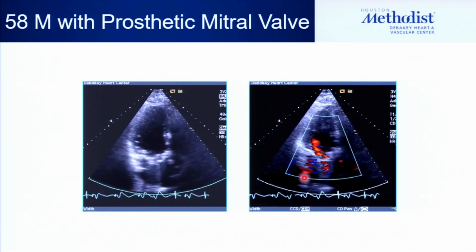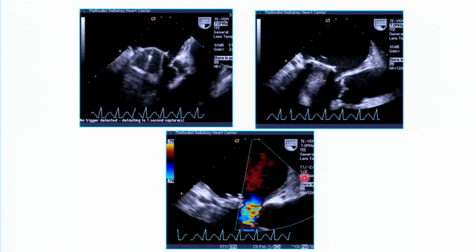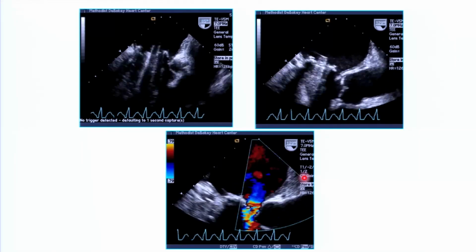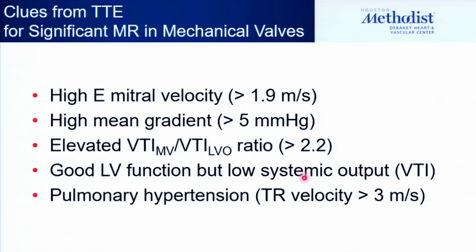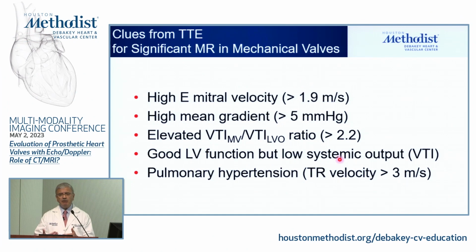I can't tell whether this is significant, yes or no, yet if you do a transesophageal, there's major dehiscence of this valve with severe regurgitation. So you could hide it completely, and therefore you need to have something to go by for you to recommend that there may be something wrong in that prosthesis from a flow point of view. High E mitral for mechanical, greater than 1.9 meters per second.